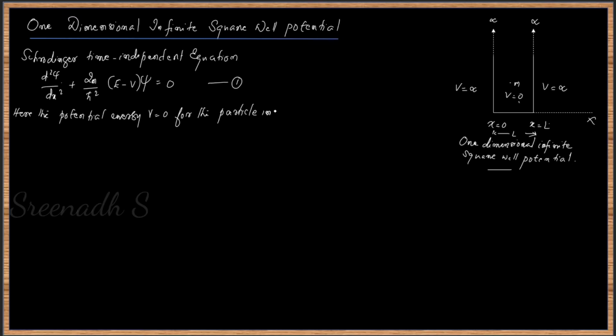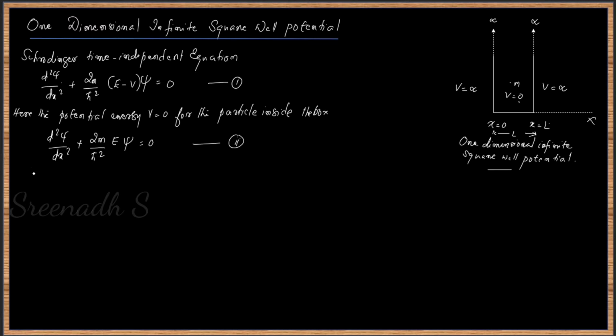Inside the box, equation 1 becomes d square psi by dx square plus 2m by h cut square E psi is equal to 0. This is equation number 2. So d square psi by dx square plus 2mE by h cut square psi is equal to 0.